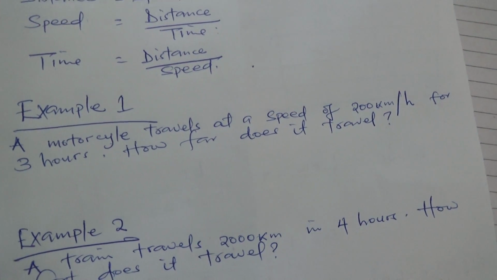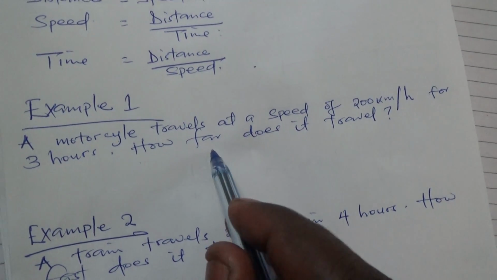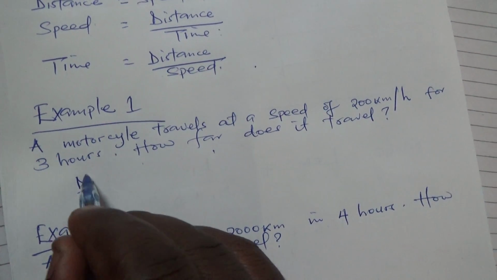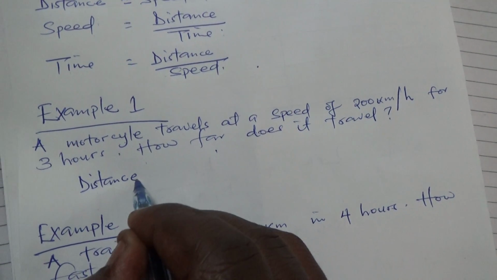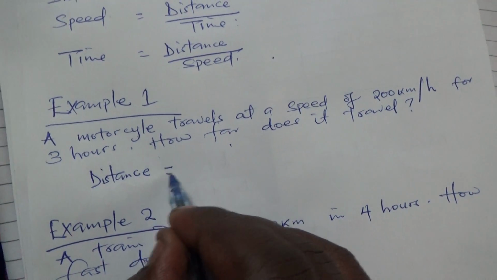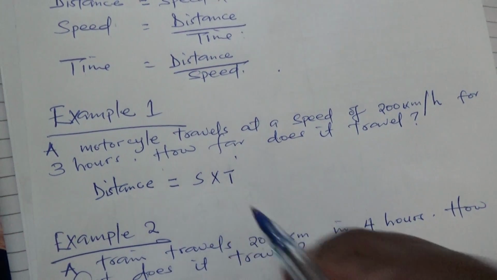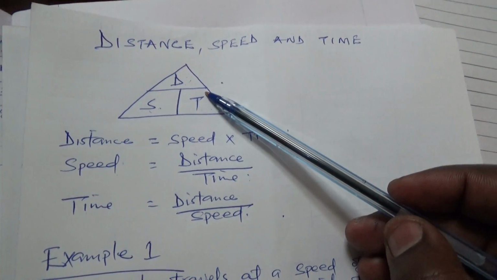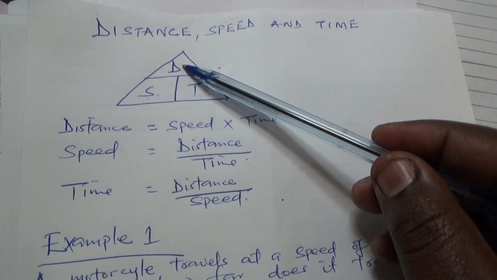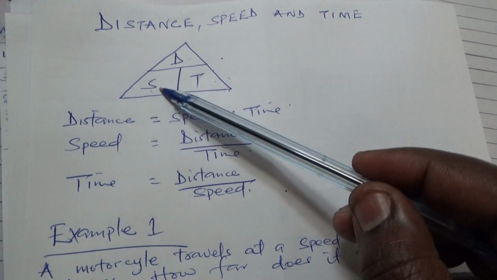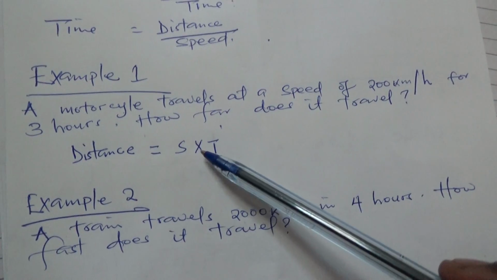How far here implies distance. Okay? So how do we calculate distance? Distance is equivalent to speed times time. From the DST triangle, if you want to calculate the distance, it is speed times time. And that is what we are doing here.